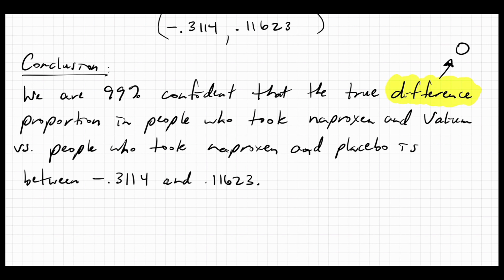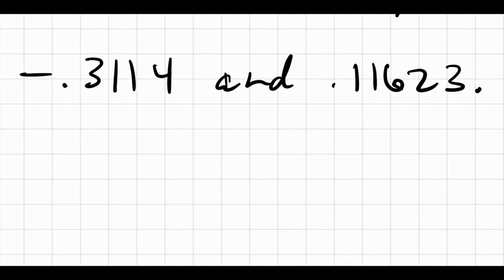Because I don't have enough information to say that this new treatment, this new cocktail of drugs, naproxen and Valium, is better. How would I know if it was better? What would I expect to see here if the new cocktail of drugs was better than the old? 0 not only isn't in there, but both of these numbers are positive.